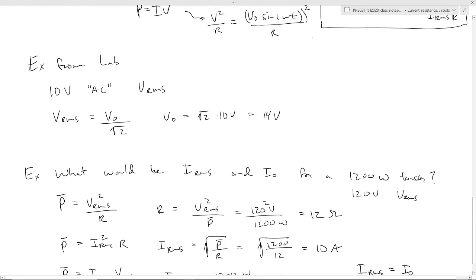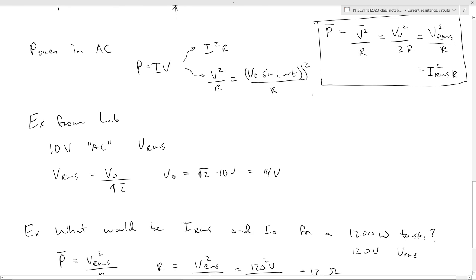And let me just add up here that this is also equal to IRMS times VRMS. So we have a lot of different definitions for power, and it's the same math as what we had with DC.